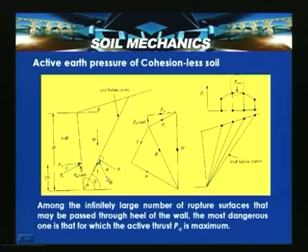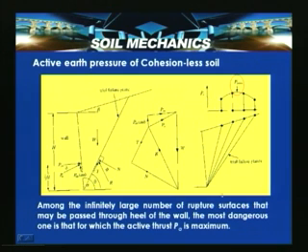So, R is the resultant resistance offered by the soil along the failure surface, and PA, which is along this, also has components, horizontal and vertical. Now, when you have a number of surfaces, the trial surface which gives the maximum active thrust is taken as the potential failure surface.